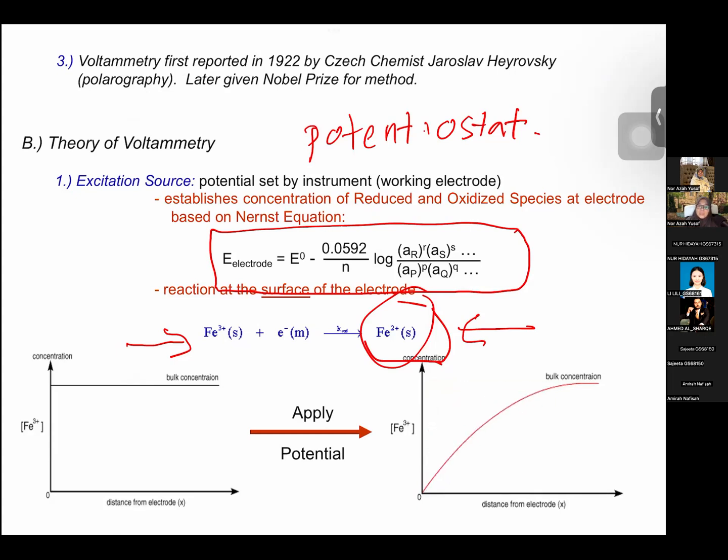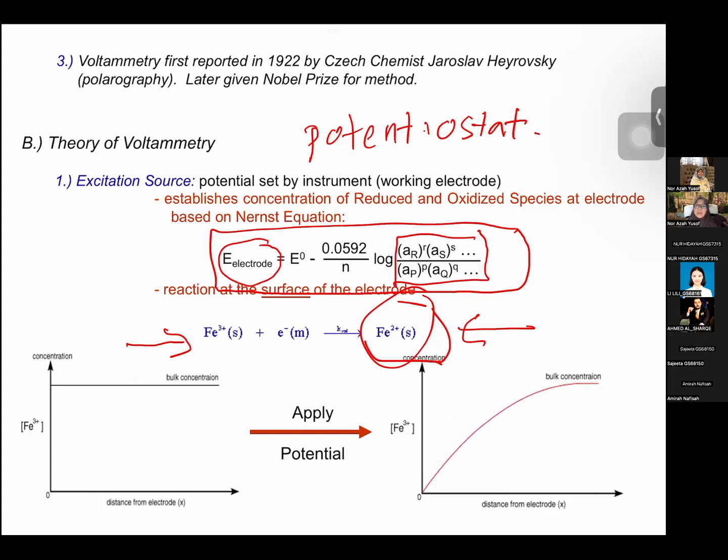So the Nernst equation, if you look here, this is what we call cell potential. You have to do a bit of revision. Cell potential, and this is where the concentration of the analyte comes in.